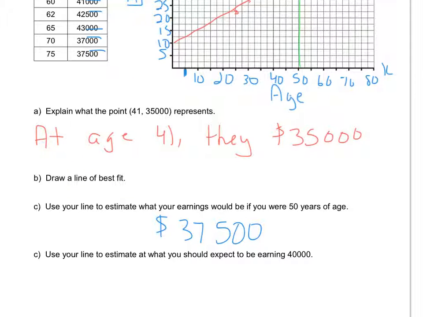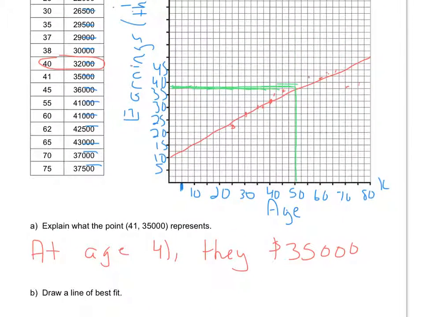In part D, we are asked to use the line to estimate at what age you would expect to be earning $40,000. So I'm going to go back up to my line, and at 40,000, so 40 on my grid, go over. So I'm starting at my y-axis this time.